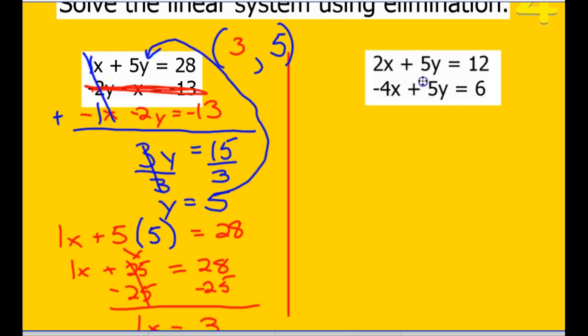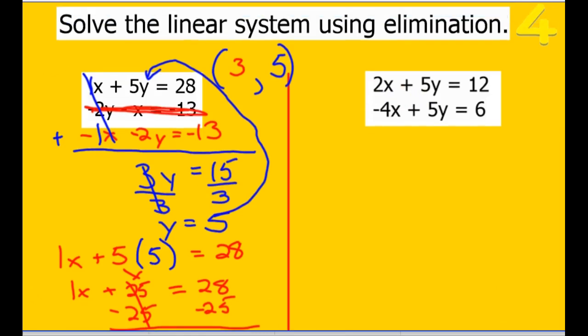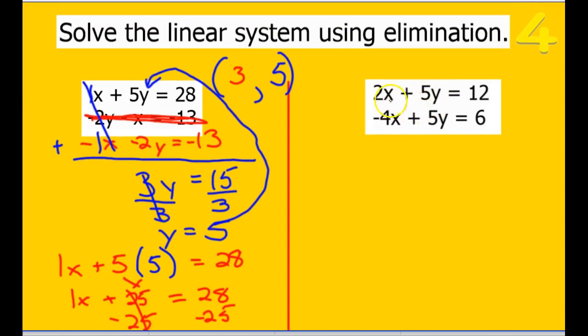Alright, so if we look at this next problem, we need to try to find our opposites. Well, we have 2x and negative 4x. Those two aren't opposites because they're different numbers. Here our two 5's are the same number, but both are positive. So those aren't opposites. So we have no opposites for this problem.